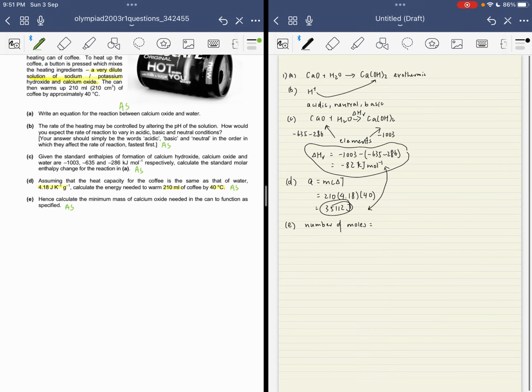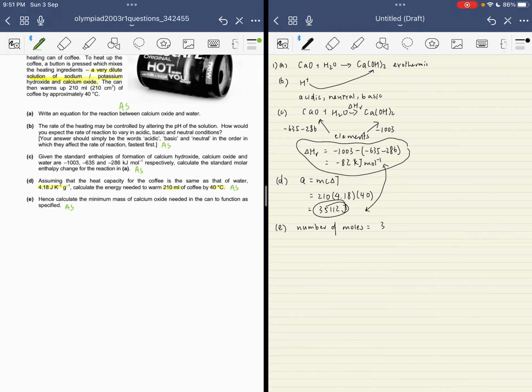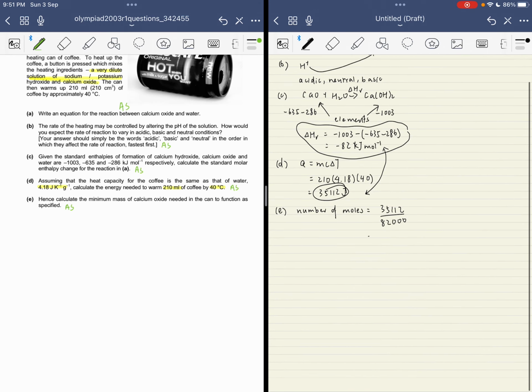So taking that into consideration, the number of moles of calcium oxide here will be 35112 divided by 82,000, which gives me 0.428 moles.